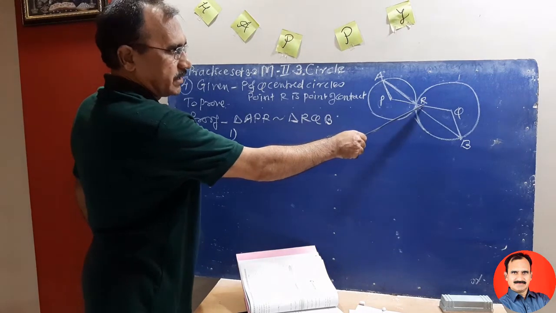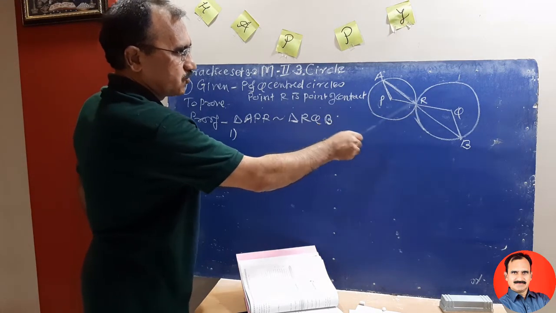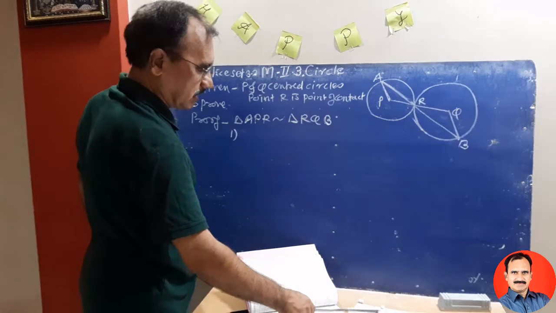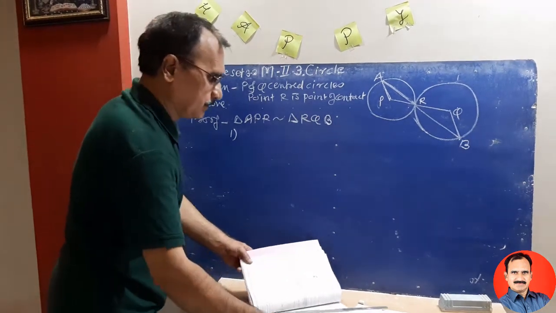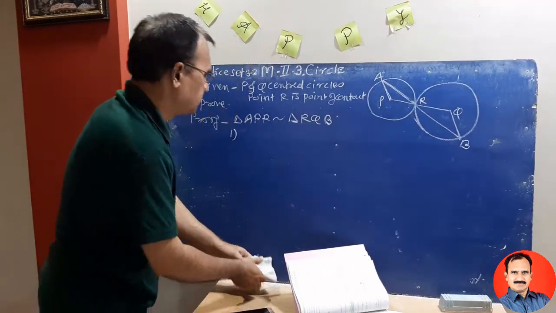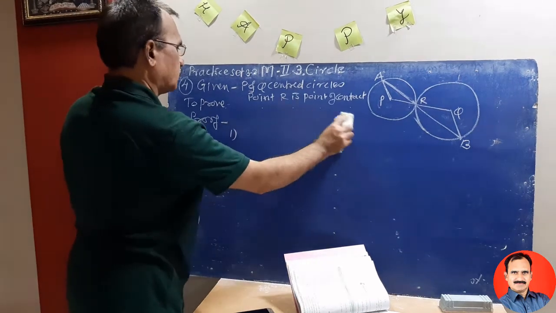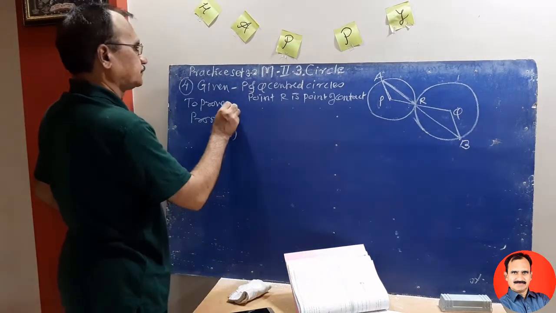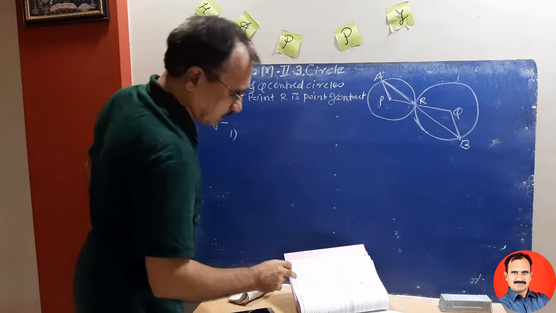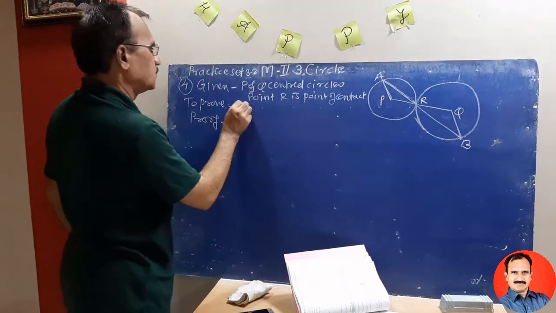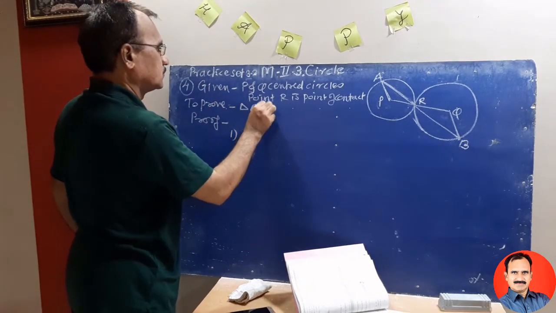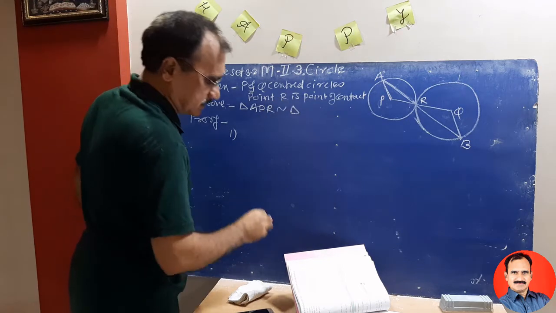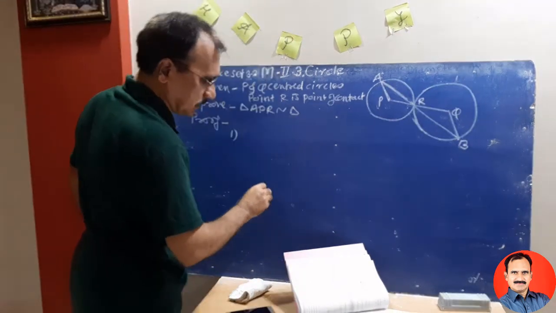These two angles are congruent by vertically opposite angles, and these two angles are congruent from the above proof. Very simple proof. Triangle APR is similar to triangle RQB.